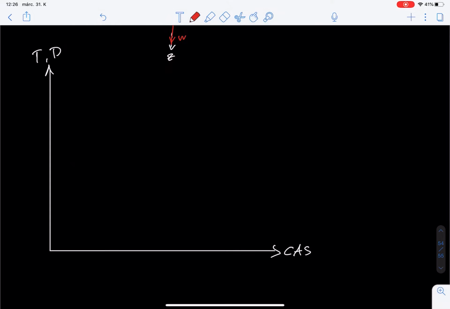So the thrust curve is a good old one, which we have come to know and love. And of course, the maximum point occurs, don't let my drawing fool you. Actually, let's correct it. So the maximum point, of course, occurs at 0 calibrated airspeed. So that's your maximum thrust which you can generate, and your thrust curve looks something like this.